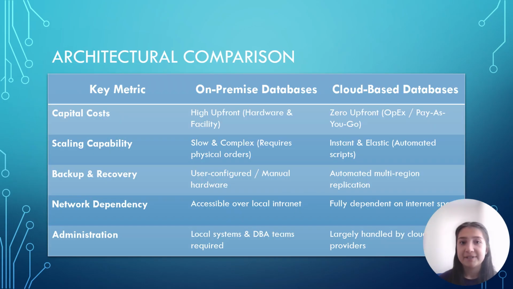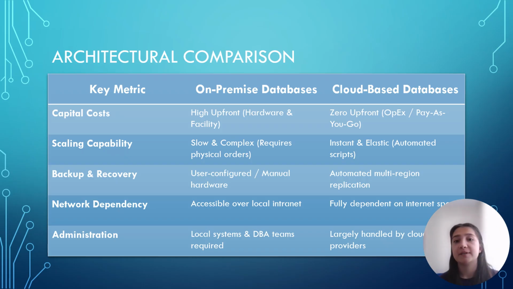To summarize everything we've discussed, let's look at this comparison table. As we can see, traditional on-premise systems give an organization total physical control and zero internet dependency, but they demand high upfront costs and offer very slow, painful scale.